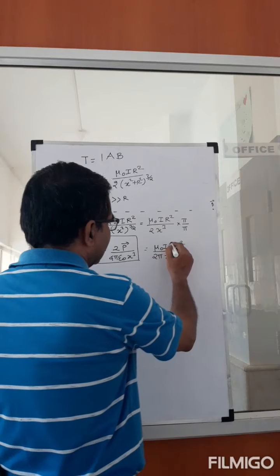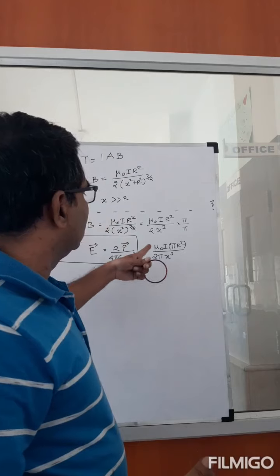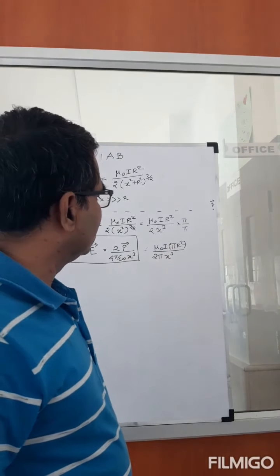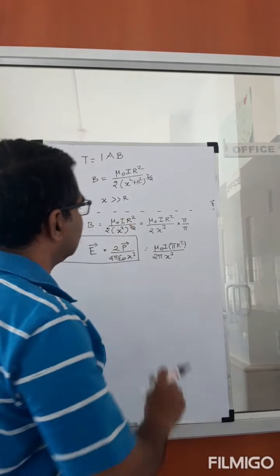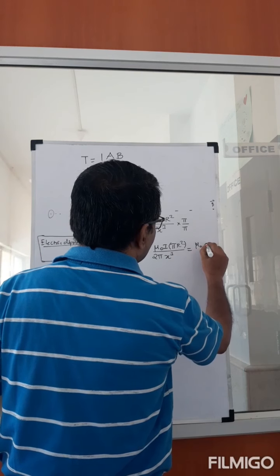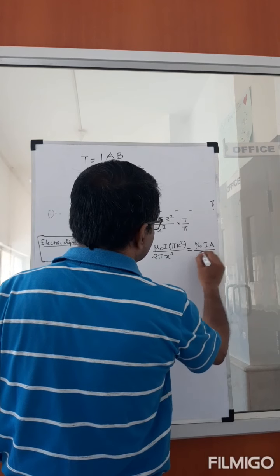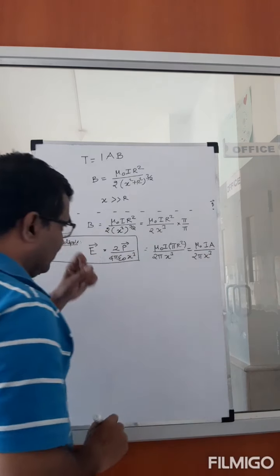This pi r squared I know is the area of the circular loop, right? So then I can write this as mu naught I A divided by 2 pi x cubed.